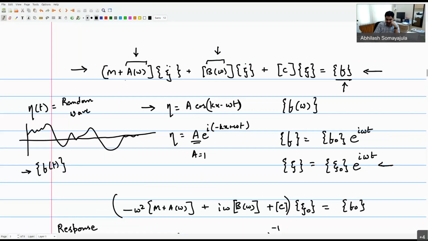So what we do is we take this so-called radiation force, which is A of omega times zeta double dot plus B of omega times zeta dot, and we take the so-called Fourier inverse of this to convert this into time domain, so that we can actually apply this in time domain. So that when I know f of t for the random wave, I can just solve this differential equation.